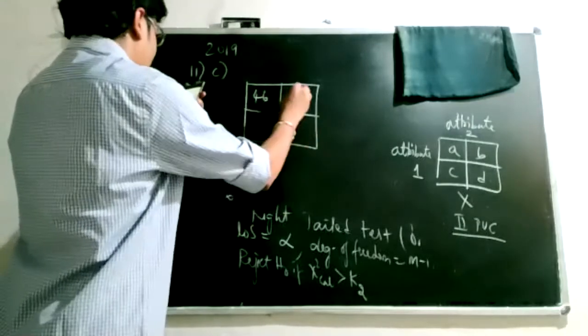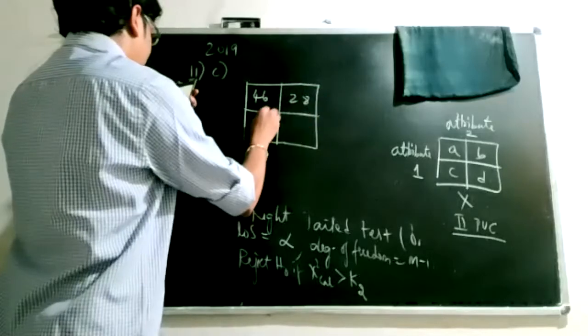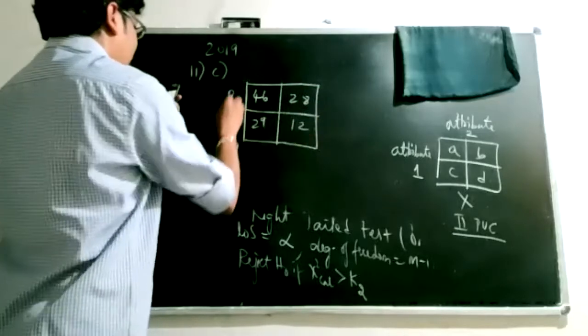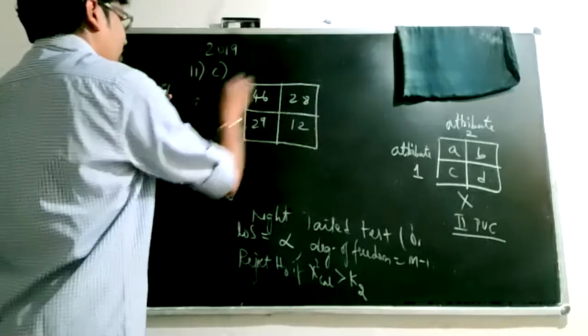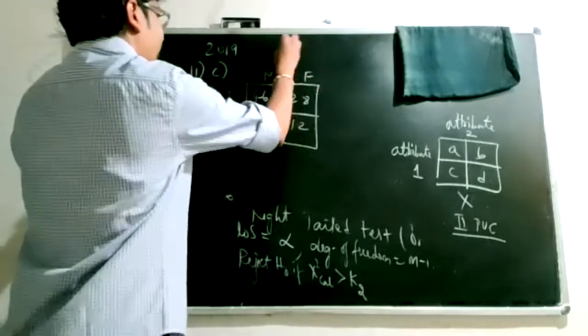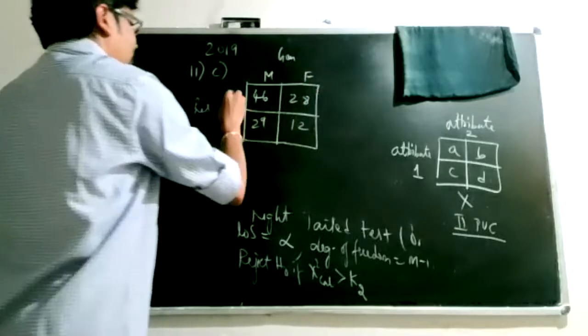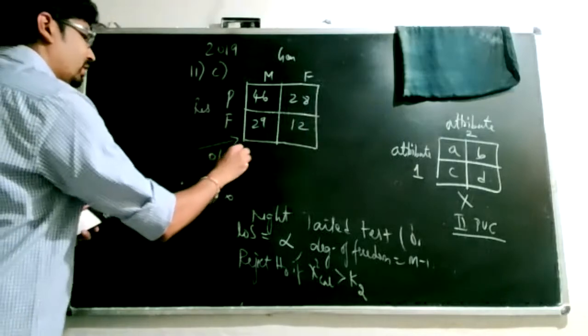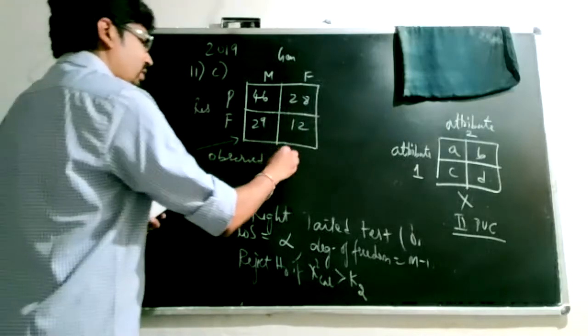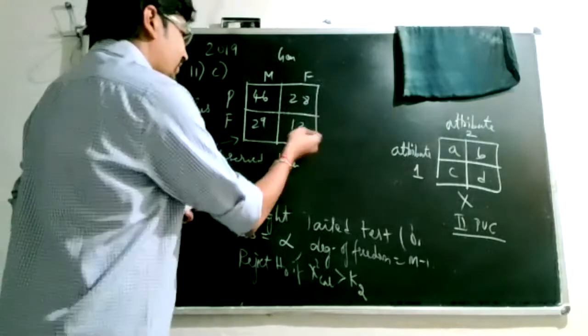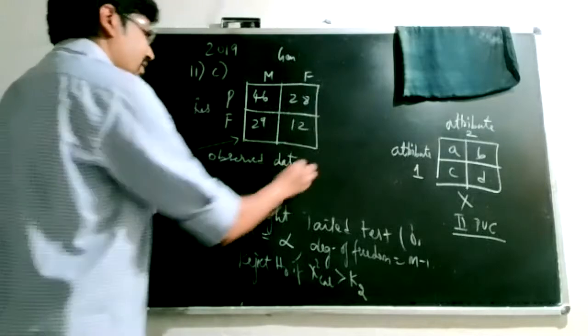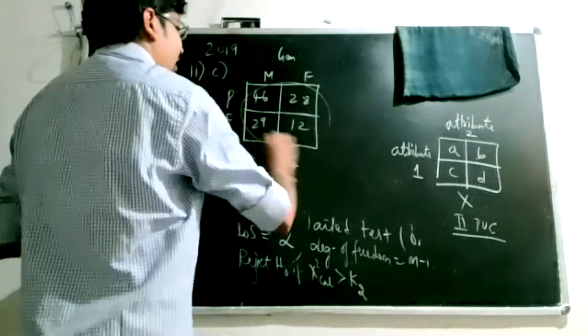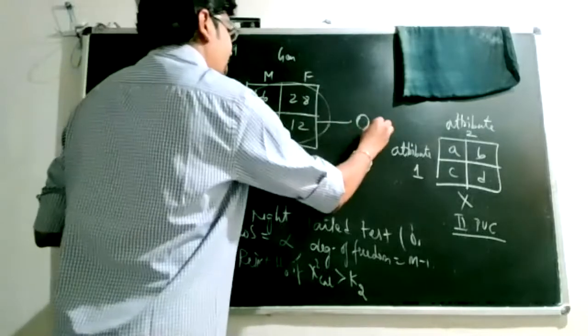So we have 46, 28, 29, 12, with pass, fail, and male, female. This is called our observed data. This is what we have observed in a particular college for a particular class when the results are out, and all these are indicated by O_ij.